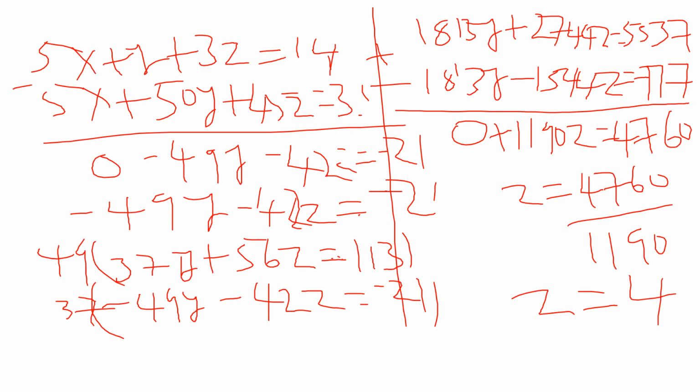So now we can take this value of z and substitute in our second pivoted equation, so that we can get the value of y. So let's do so. Here we take our second pivoted equation, which was 37y plus 56z is equal to 113.